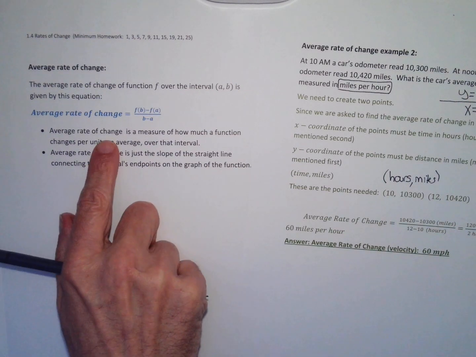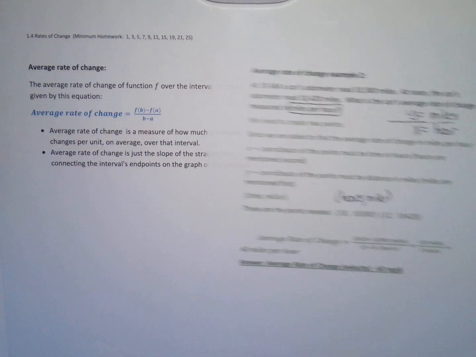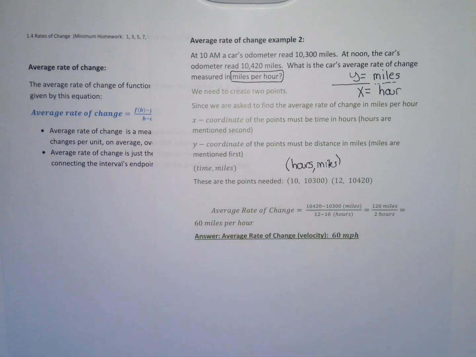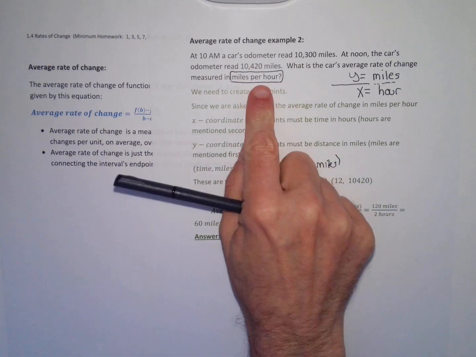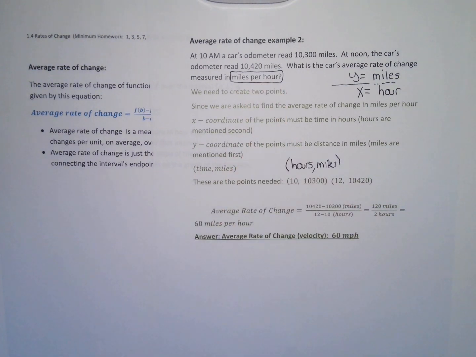This is what this is trying to say in its really wretched way. But this is an average rate of change without a function, just a word problem. Anytime I have a word problem and I'm doing average rates of change, I usually should get units. And in this case, I told you what the units need to be, so I forced that to happen.